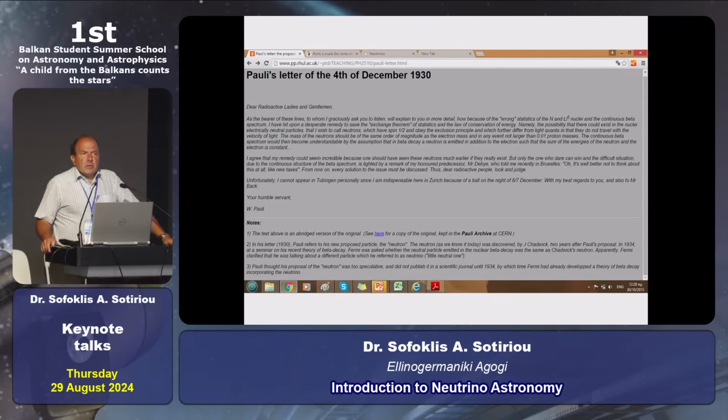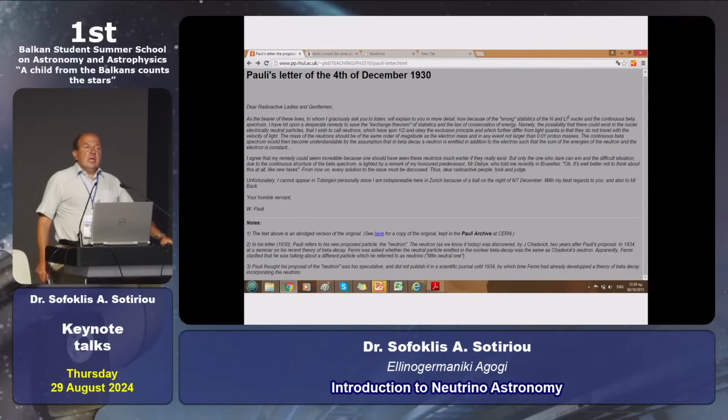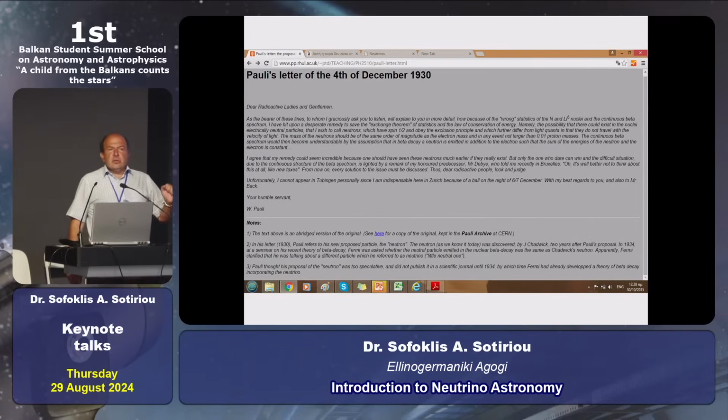He's getting a question in a conference if neutron is the particle that Pauli was talking about in beta decay. He's saying, no, it's not the same. The particle that is appearing in the beta decay is much, much smaller. So instead of neutron, he is giving the name neutrino, so a small neutron, neutrino.